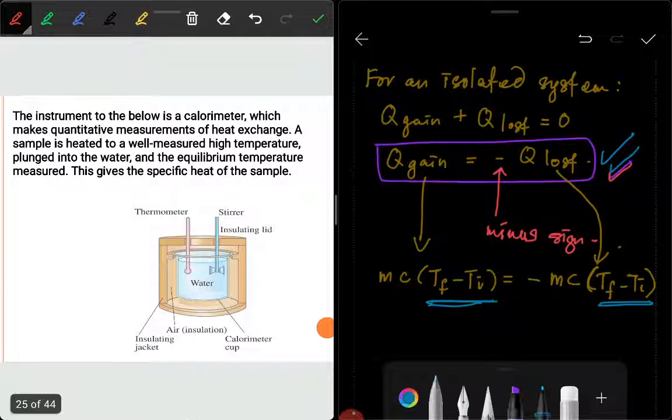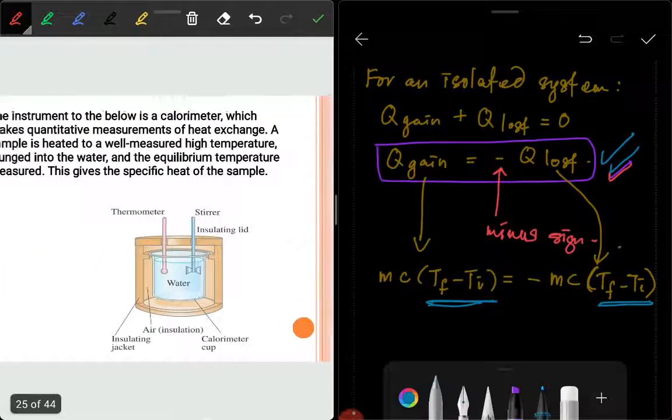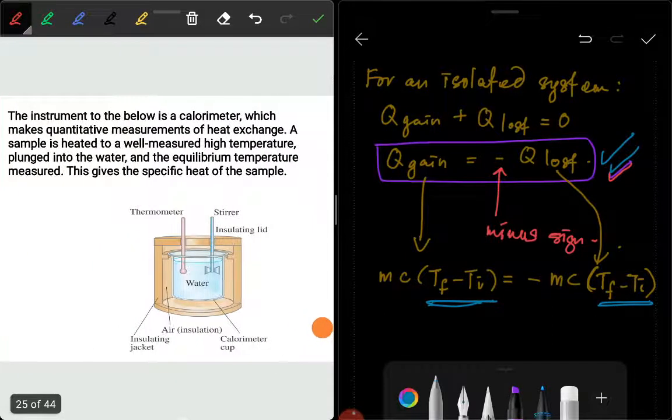All right, next. If you have a chance to go to your laboratory, you can see the calorimeter. This is the calorimeter cup.